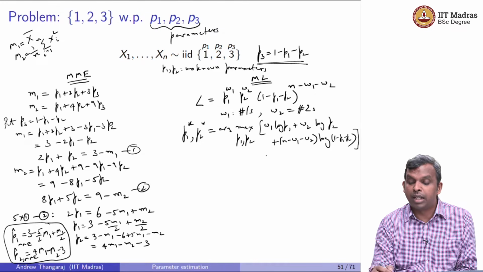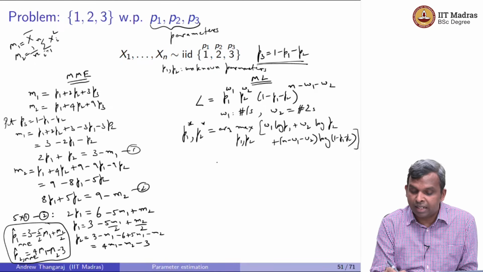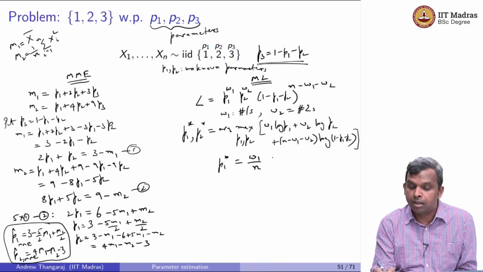So you can differentiate. Now if you differentiate, you will get these very elegant and nice answers. Let me just write the P1 star and P2 star. P1 star is actually W1 by n, P2 star is actually W2 by n. Okay.